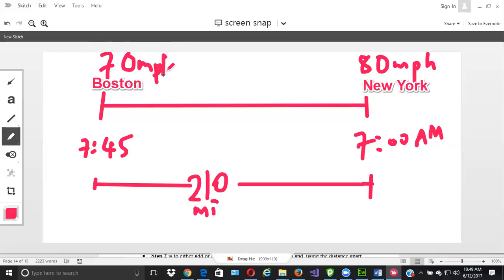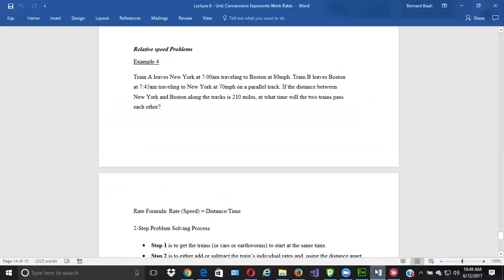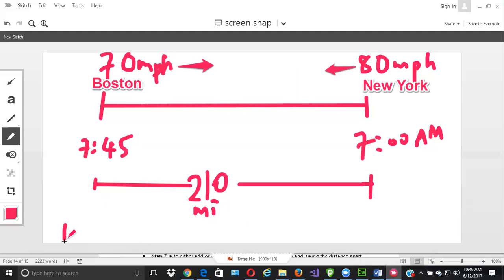And now that we have this information, there's a very simple strategy for figuring out the answer to this problem. The idea is that we have a formula, which is rate equals distance over time, or you can write it as distance d equals rate times time.